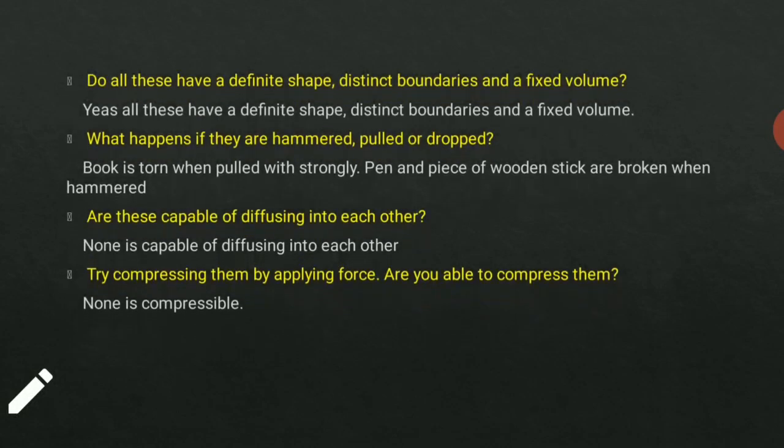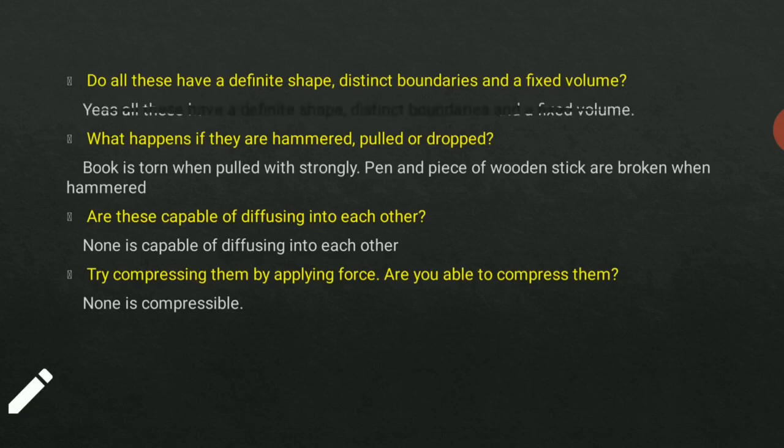Some questions have been asked. The first one is, do all these articles have definite shape, definite boundary, definite volume? So, obviously they all have the definite shape, volume and boundary.